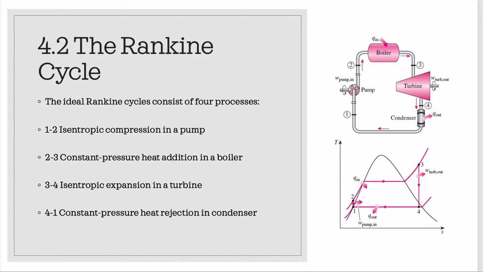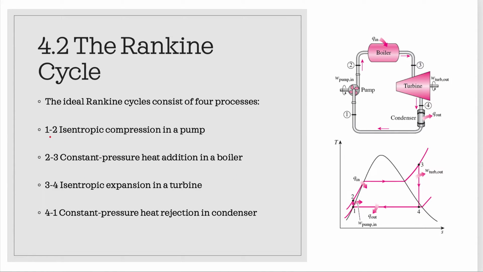Okay, now we go to the Rankine cycle. Alright, this is Rankine cycle, TS diagram, and this is the component that is involved in the Rankine cycle. We have pump, we have boiler, we have turbine, and we have condenser. So the ideal Rankine cycle consists of 4 processes, 1, 2, 3, and 4.